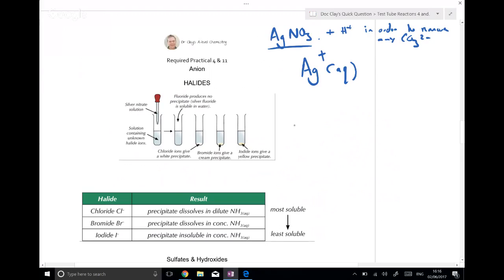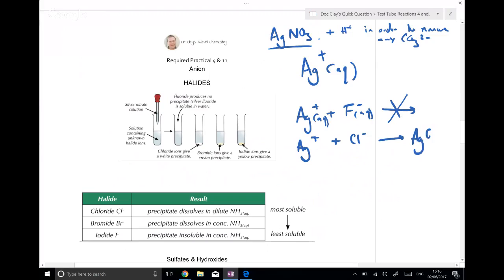What we have is the formation of a precipitate, so we can form it with each of the halides except for fluoride. So Ag+ (aq) plus F minus, essentially there is no reaction and it stays in solution. But for all the others, Ag+ plus Cl minus, these are ionic equations.